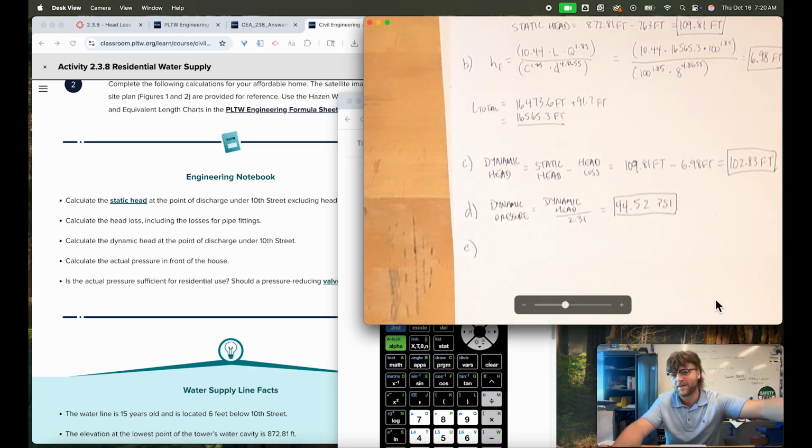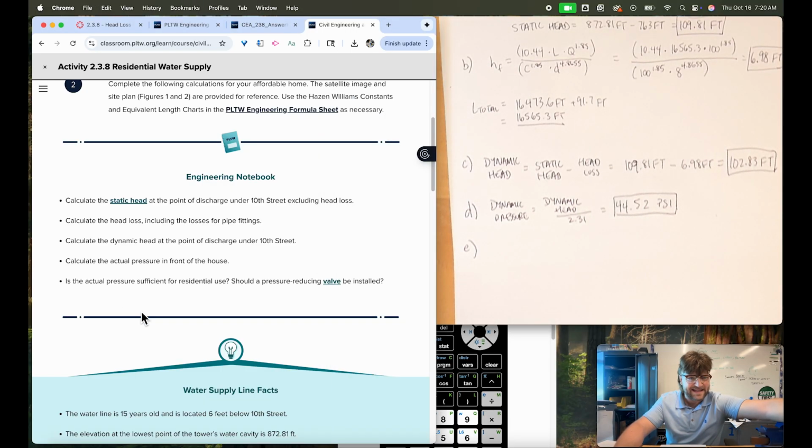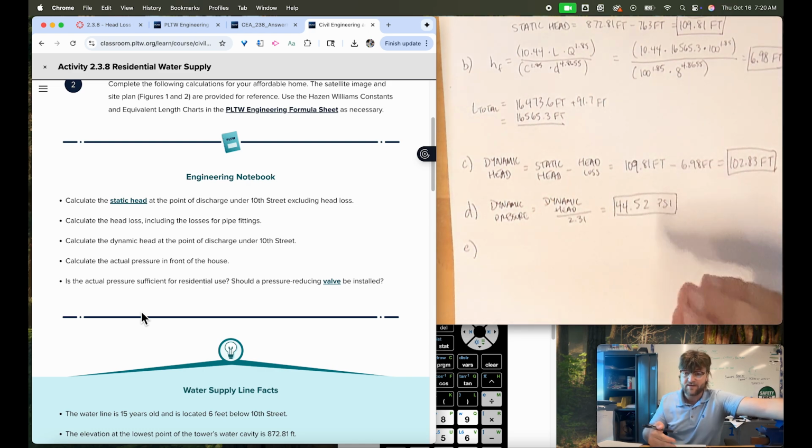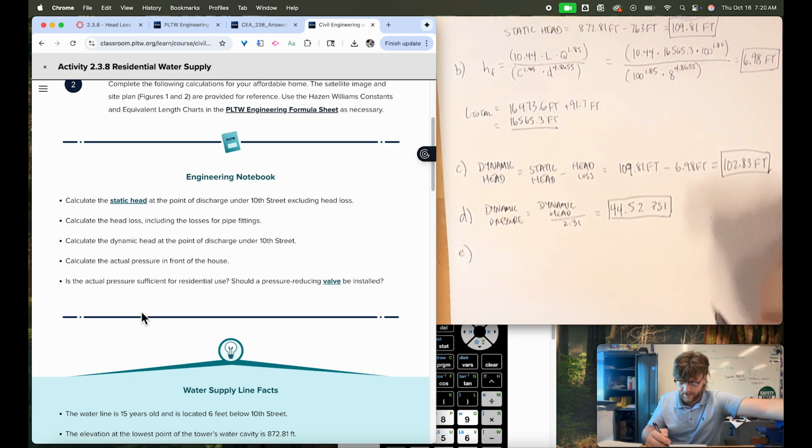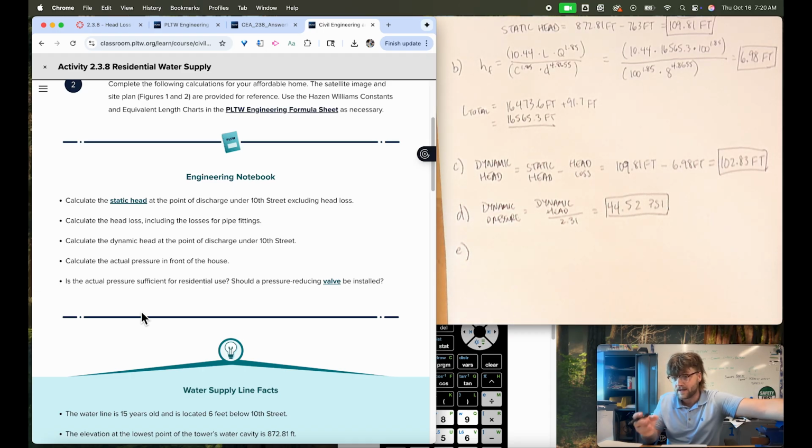Remember, that is synonymous to dynamic pressure. Actual pressure, same thing. So is the actual pressure sufficient for residential use, or should we have a pressure reducing valve installed? So the pressure that we've got here is acceptable. It is towards the lower end of that range that we're provided. It is anywhere from 40 to 80 psi.